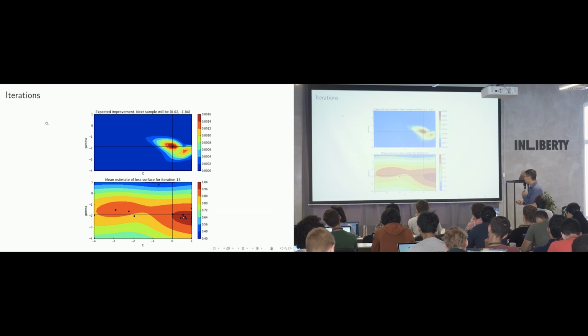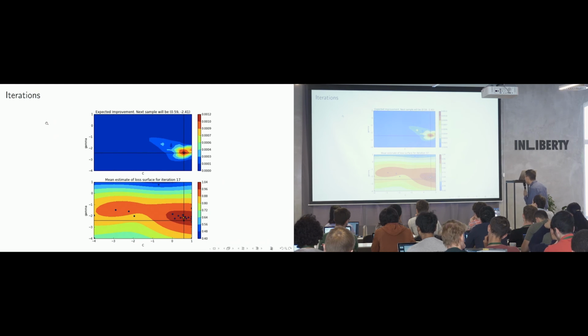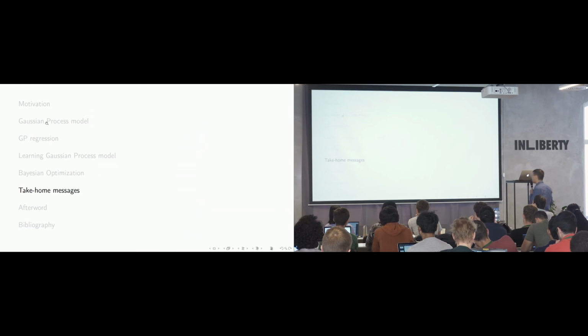And so we see that the more iterations we do, we just start to jump in some small neighborhood of the real optimum. So this is the typical illustration of how expected improvement behaves.